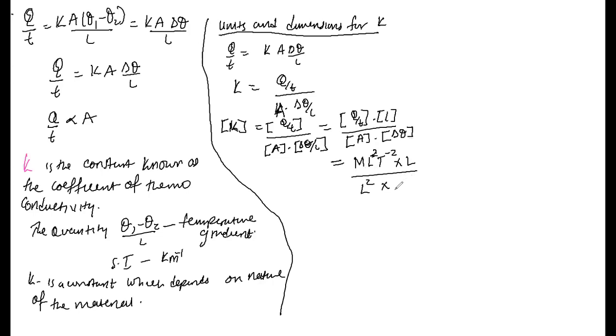Dimensions for temperature are small t, because temperature is fundamental. Okay? So with that reason, you lose 1 L here, you remain with 1 L up here, which will give us M L per T squared, per small t. So these are the dimensions of K.